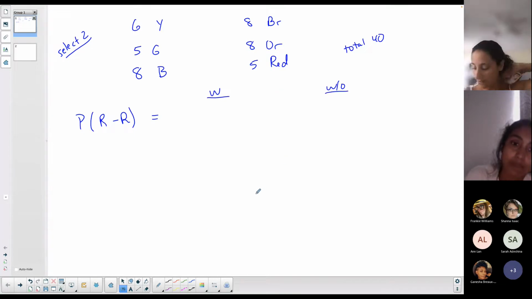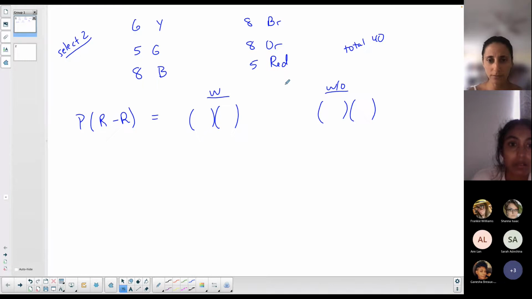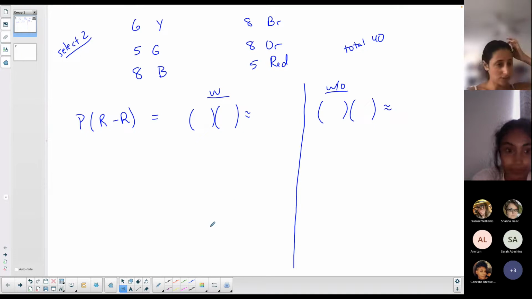Multiplication. Multiplication rule. So since I'm selecting 2, I'm going to multiply twice. This will be my with replacement, and this will be my without. Okay, they're separate. And I'll probably approximate it also. I'll probably do it in fraction and decimal form.